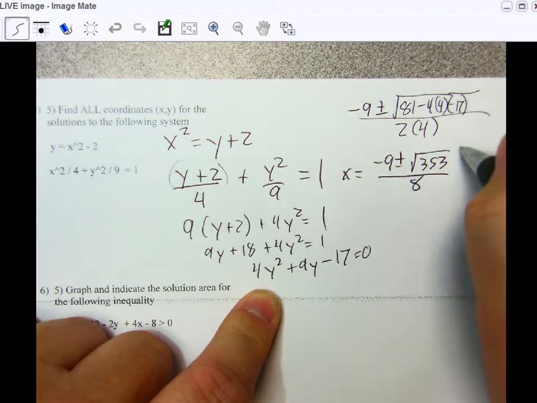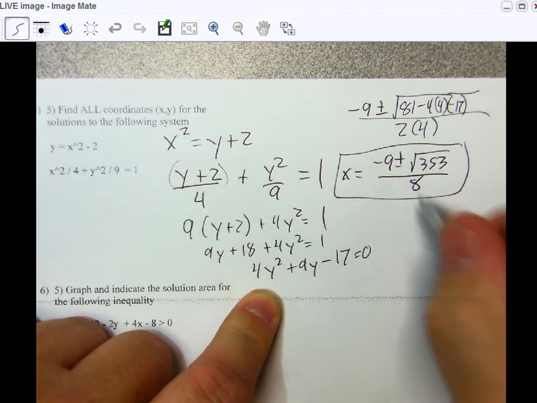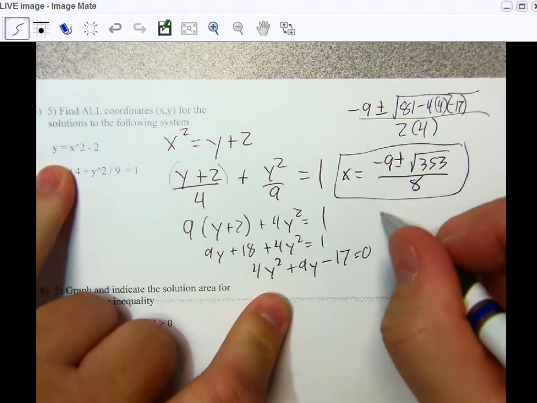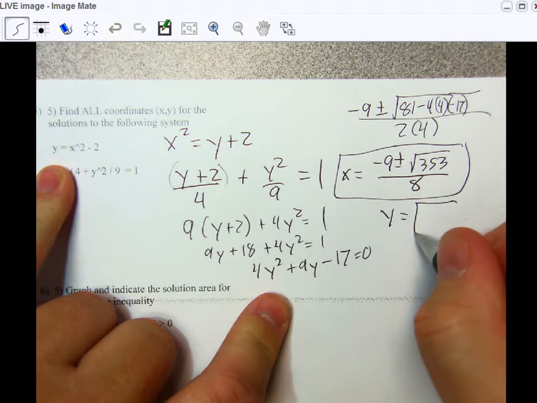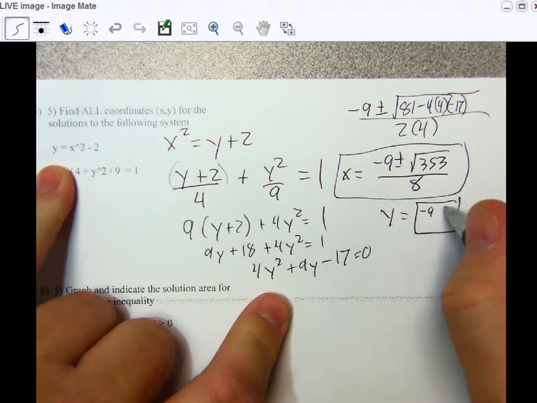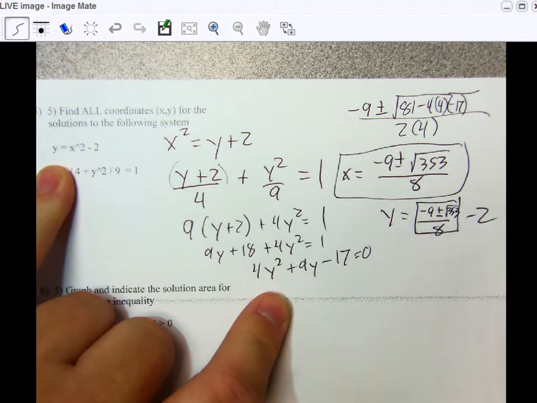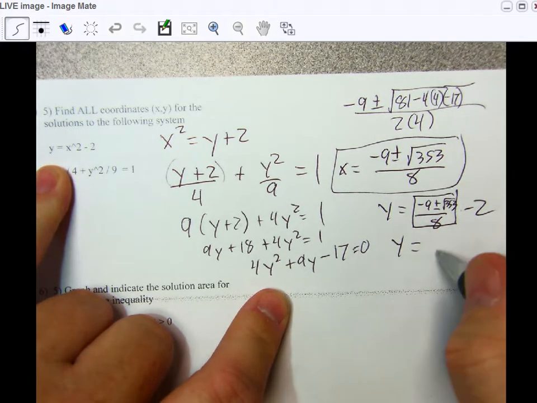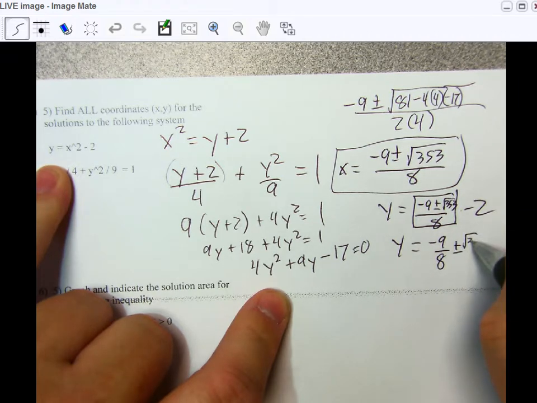Those are my x values. That's 2 of them. Now I need to find y values. So I'm going to say y equals all of this, -9 plus or minus root 353 all over 8, minus 2. So y equals -9 over 8 plus or minus root 353 over 8 minus 2, and if I find common denominators, that's 16 over 8.